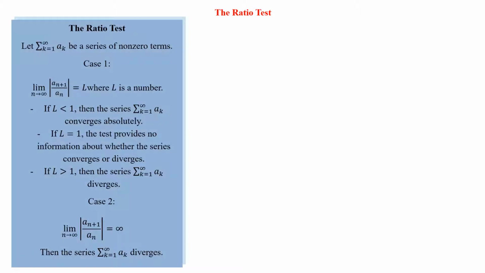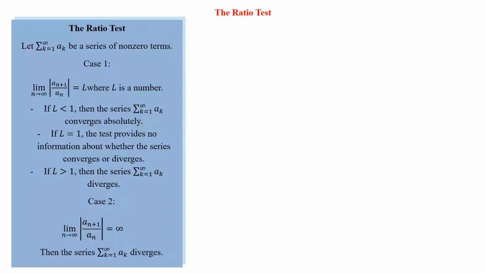So now let's look at a couple more tests. We have a ratio test, which we've actually seen a little bit, like we've used it here and there. But what the ratio test says is if we have a series of non-zero terms, we don't want zeros because when you start dividing with 0, weird stuff happens.